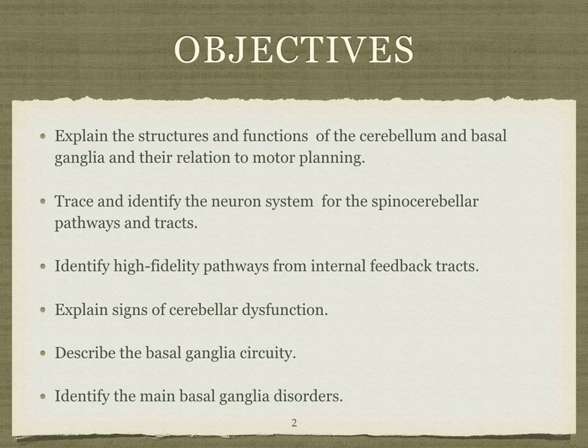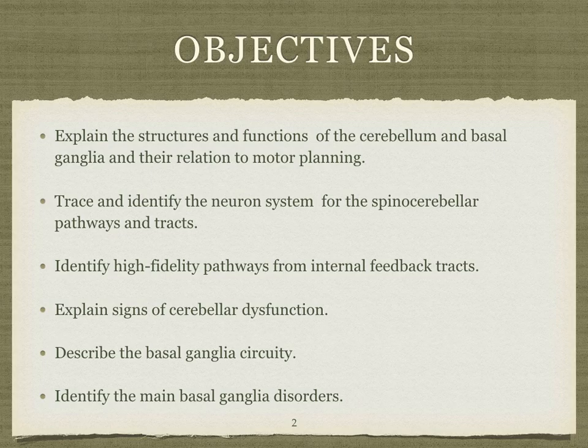The anterior and posterior spinocerebellar tract is the main pathway we're going to be going over. And the biggest thing I want you guys to know within this spinocerebellar tract is that we have high fidelity and low fidelity, high fidelity and then these internal feedback tracts.